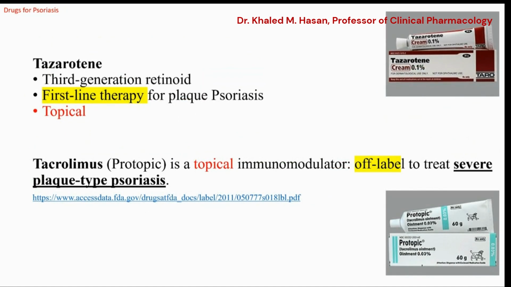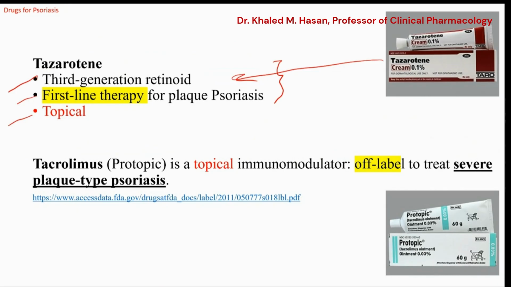Next, we have vitamin D, calcipotriene. Okay, Tazarotene, as you can see here, third generation, first line for plaque psoriasis, topical. We don't have a lot of information for that; you can read more. Then we have tacrolimus. I heard several schools say it one way and others another way, so it's totally up to you.